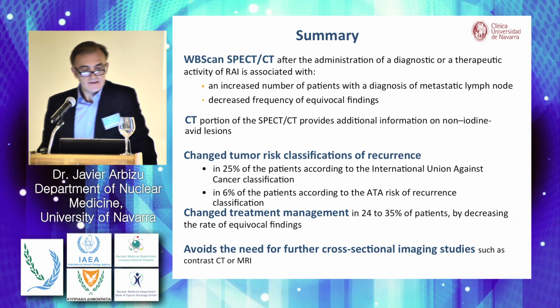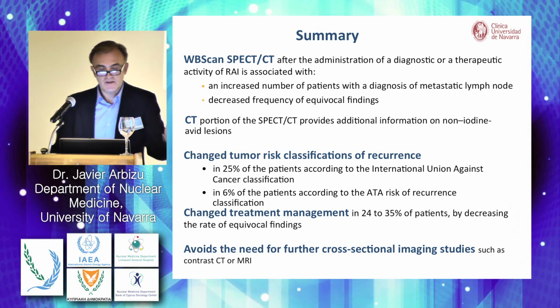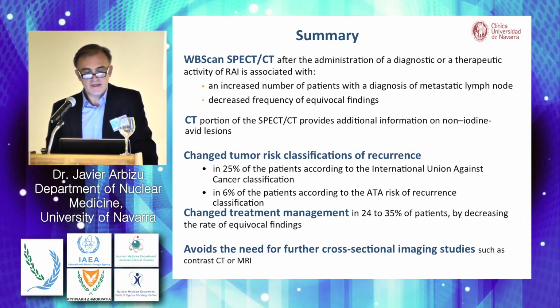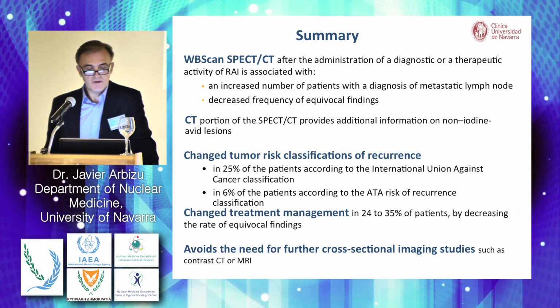There is a clear change of tumor risk classification of recurrence in 25% of the patients according to the International Union Against Cancer classification, or 6% of patients according to the ATA risk of recurrence classification I mentioned during the lecture. And what about the change in treatment management?